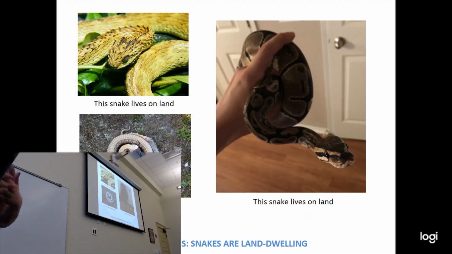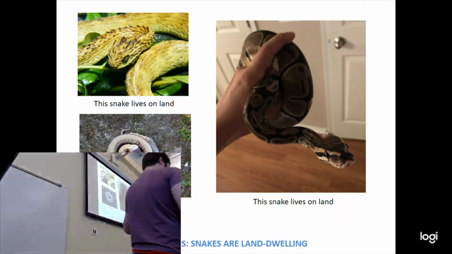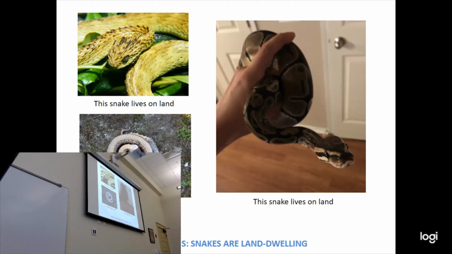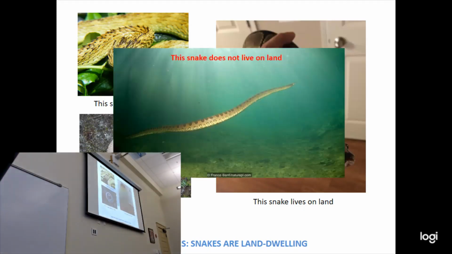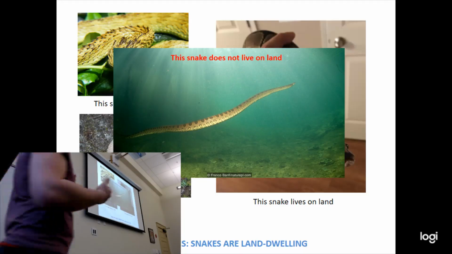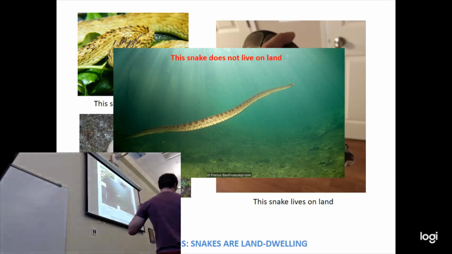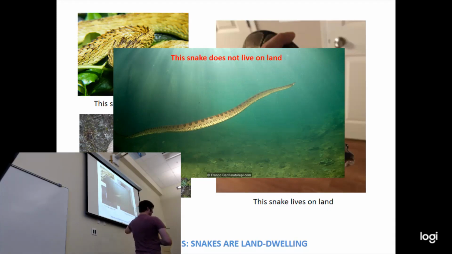So to give you an example of what this looks like, we'll go back to this example of snakes and trying to figure out whether snakes are land dwelling. If I find a counterexample to this hypothesis that snakes are land dwelling, the hypothesis is immediately a threat. This is an idea that probably is going to be on the periphery.